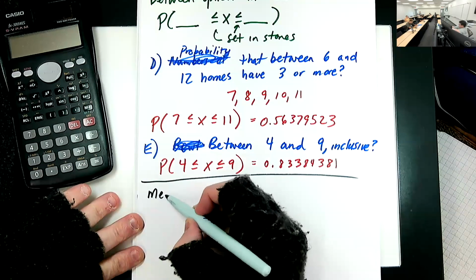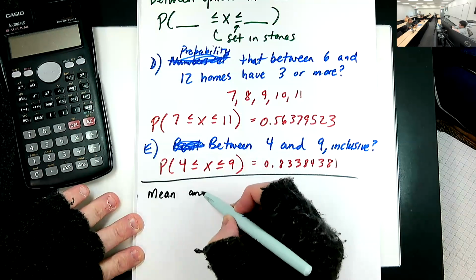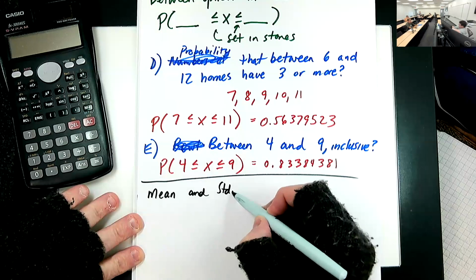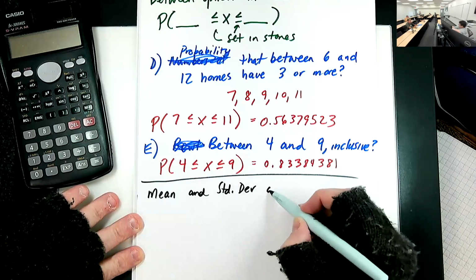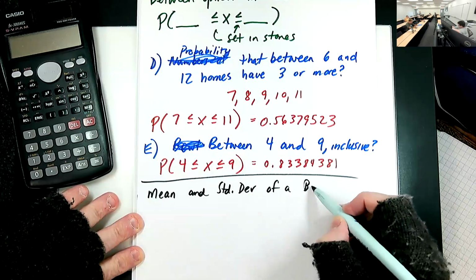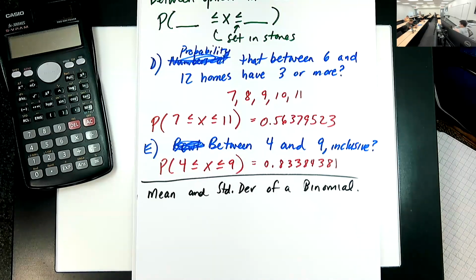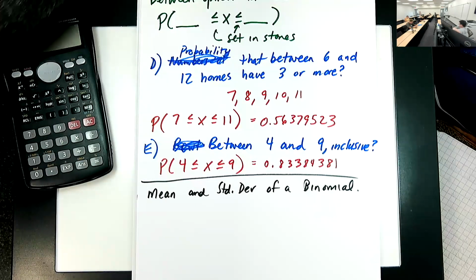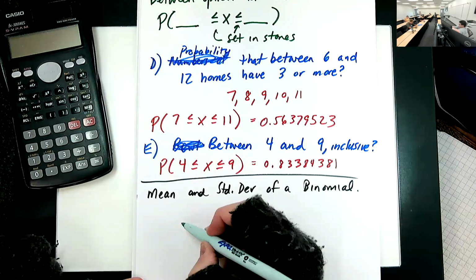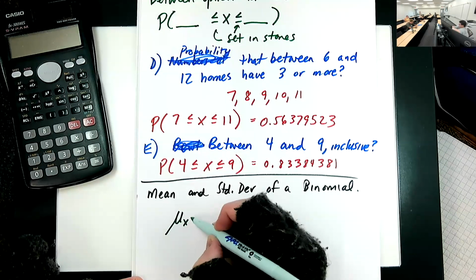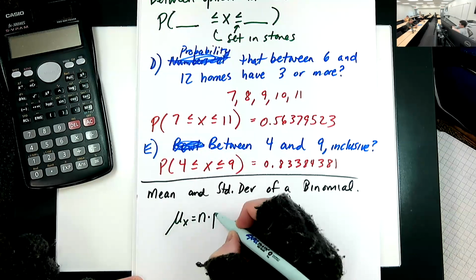So if we want the mean and standard deviation of a binomial experiment, mu of x, the mean, is n times p.